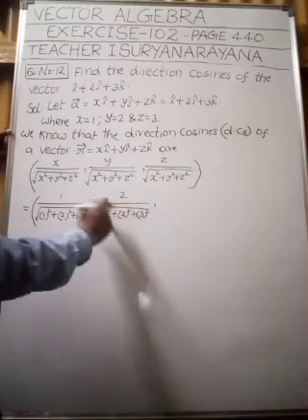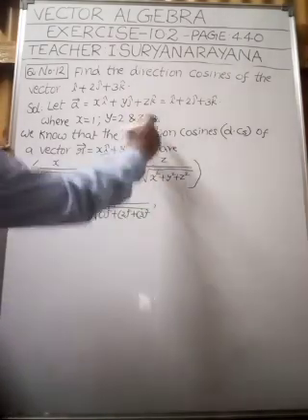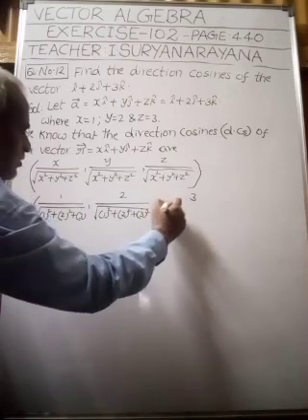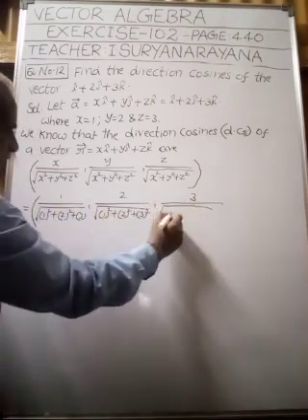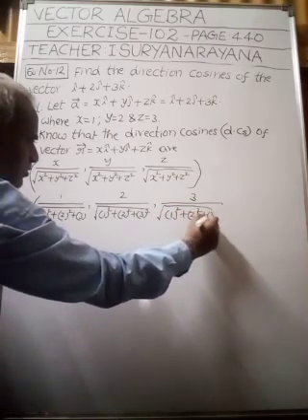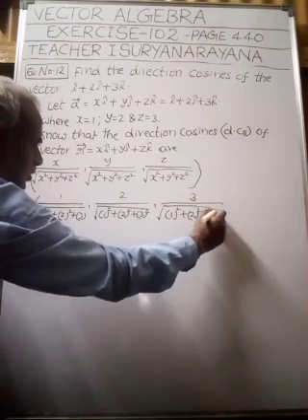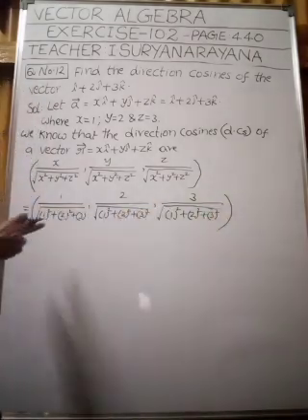Okay, my children, understood this y coordinate. Right. Now come to the z coordinate. 3 by, we write the same, 1 square plus 2 square plus 3 square. Okay, my children, understood this step?